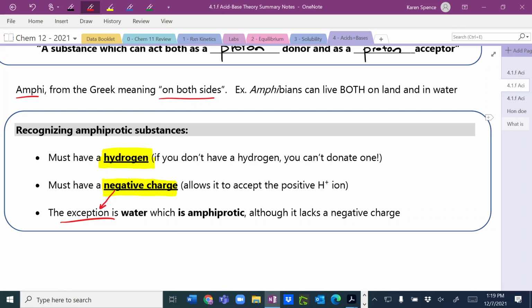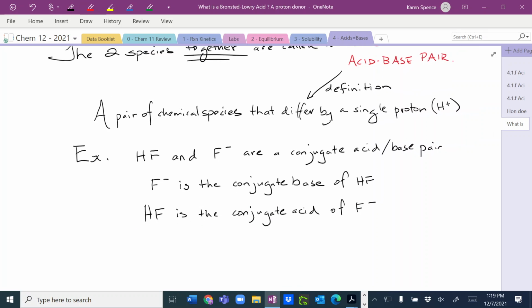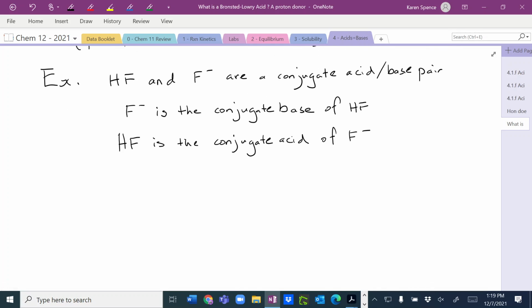Back to our other notes. Bases produce OH minus in water.